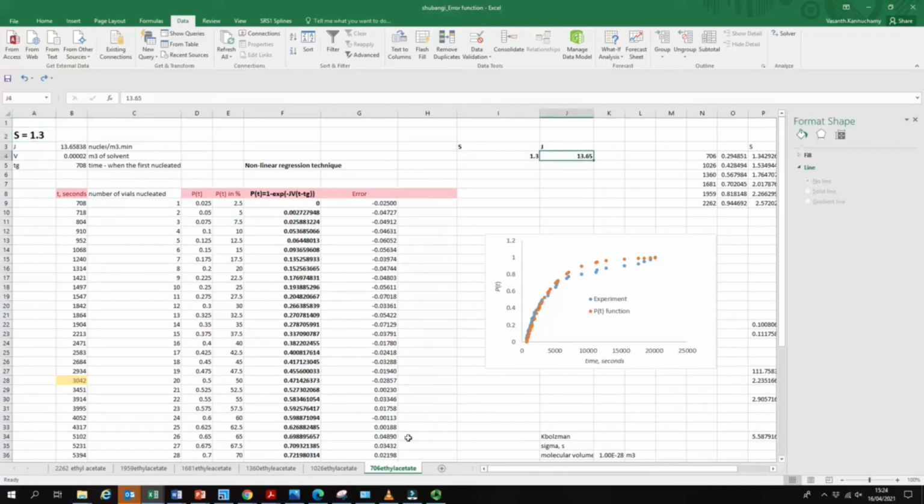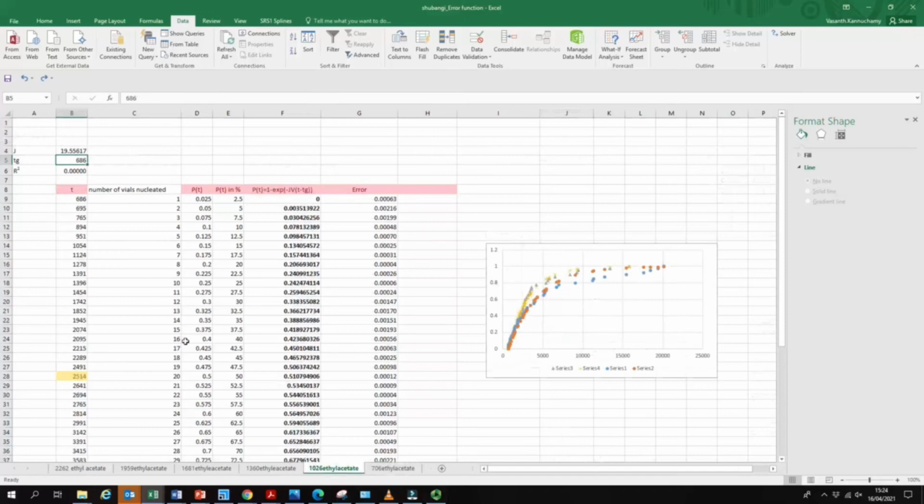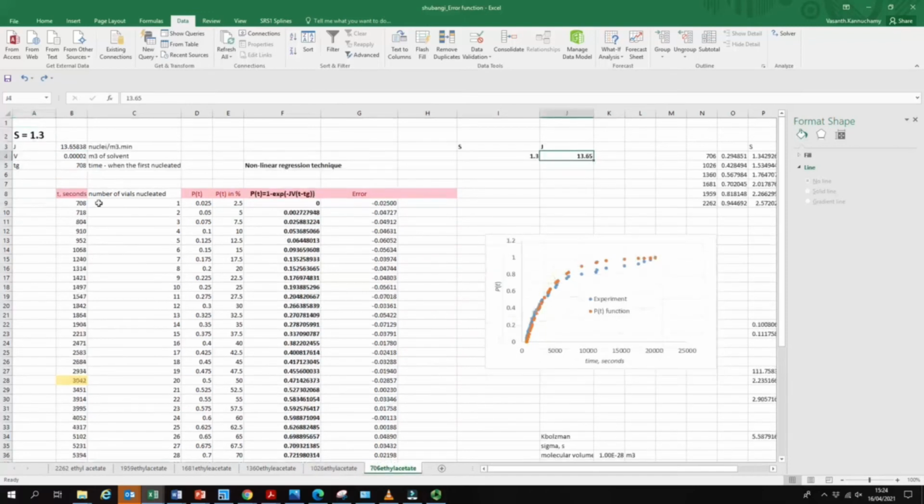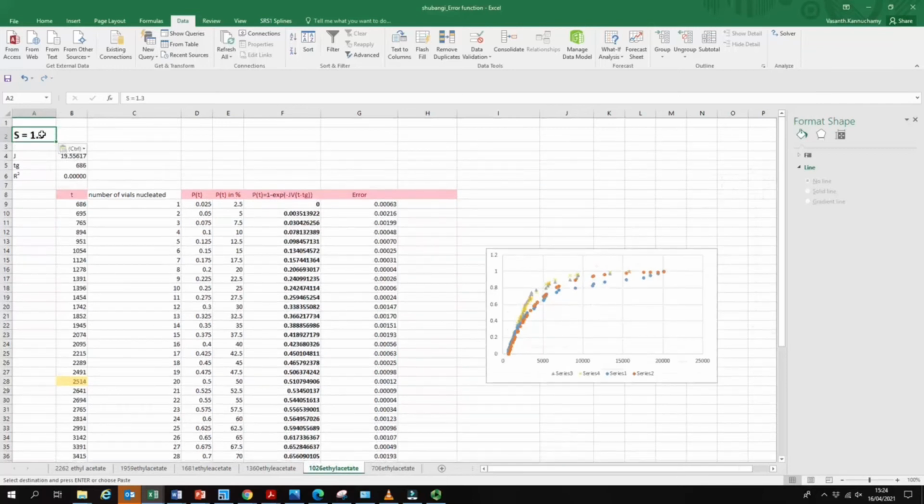And likewise, Shashibangi, she did 1, 2, 3, 4, 5, 6 experiments in fact, and then she did another experiment. This time S value, S is equal to 1.5, and I already did the calculations here.